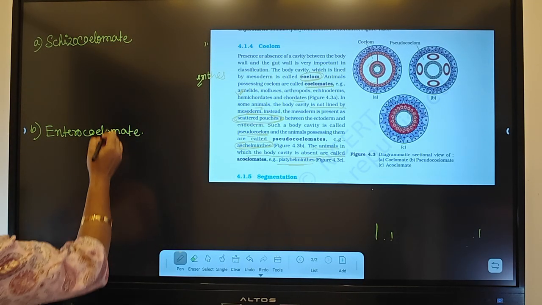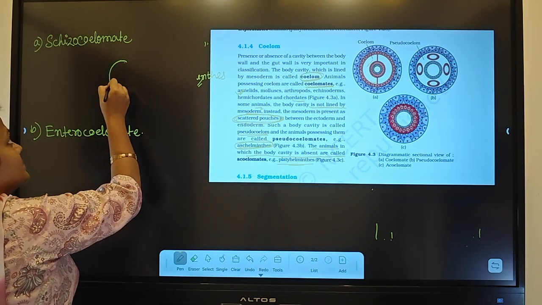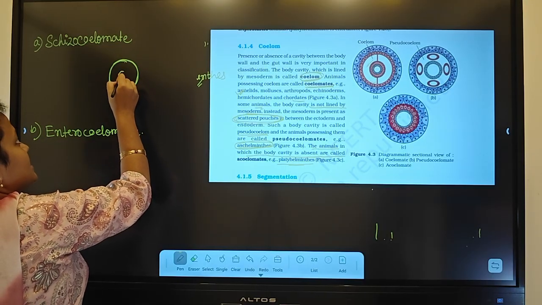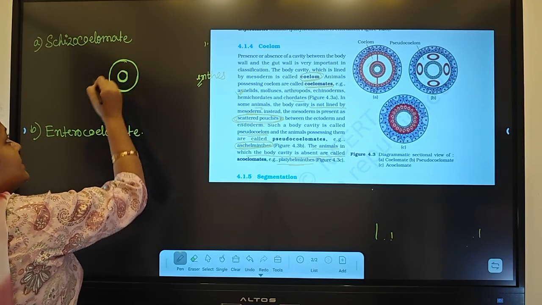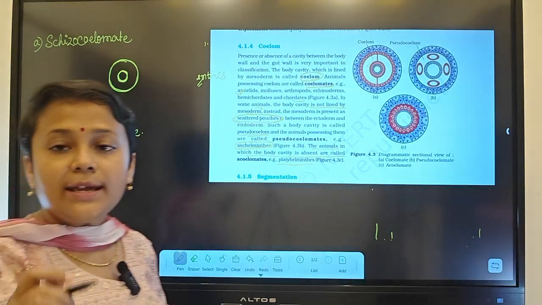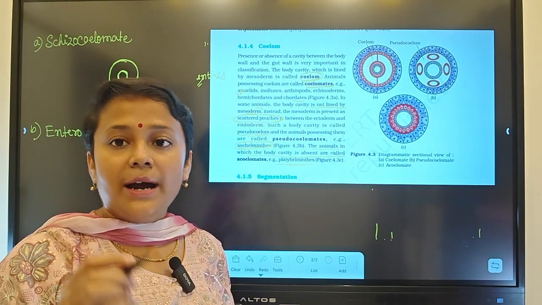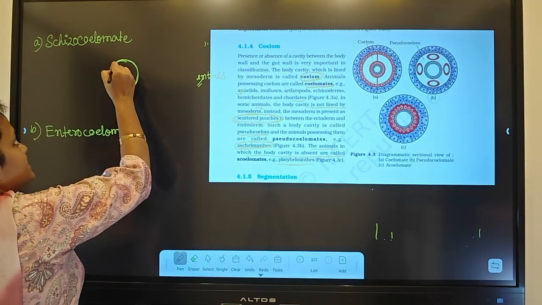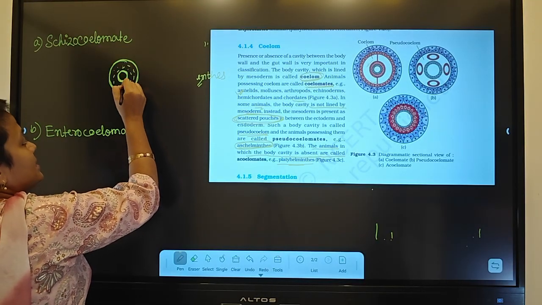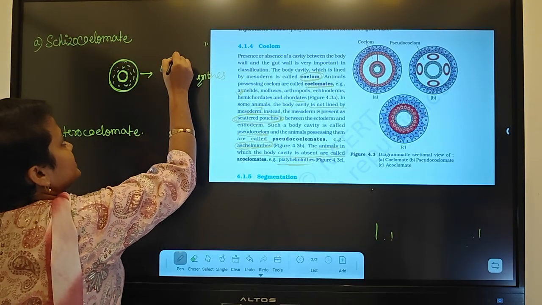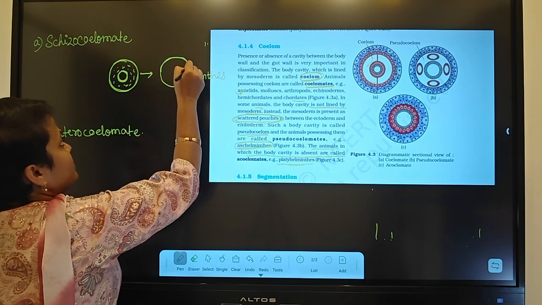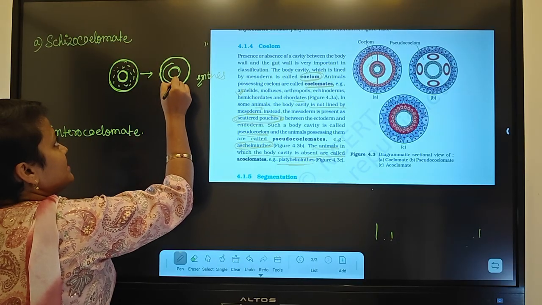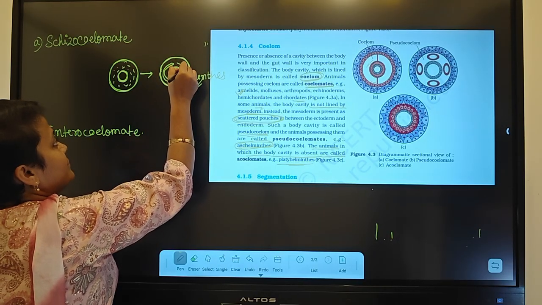So if this is the outer layer or body wall, and this is the gut wall, then if the body cavity forms by splitting of a mesodermal mass, let's say there will be mesodermal mass here, and there will be splitting and formation of coelom.